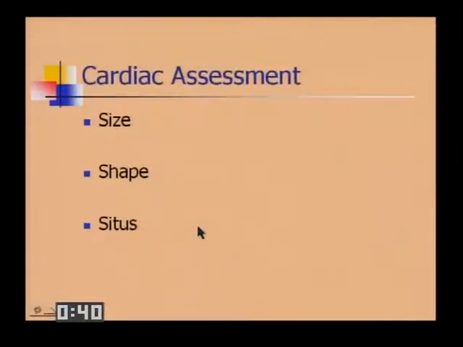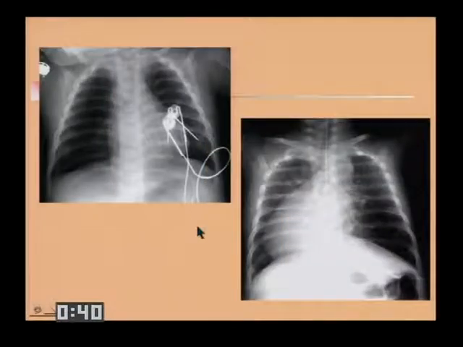Cardiac assessment, we're going to tread lightly because, as I said, there is a different talk on it, but you should look at size and shape and situs. And just so that you'll be reinforced, if you haven't seen a right aortic arch in a while, there is one. If you'd like to see a patient with bilateral minor fissures and a patient with a cardiac apex and stomach bubble on opposite sides, but different from the last patient, this is a child with asplenia.